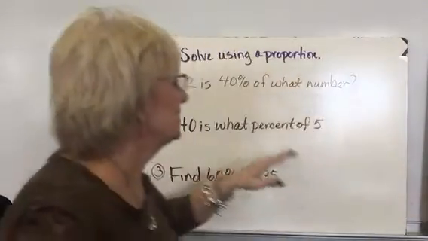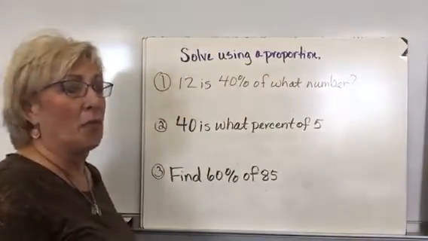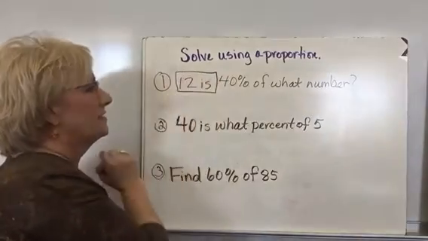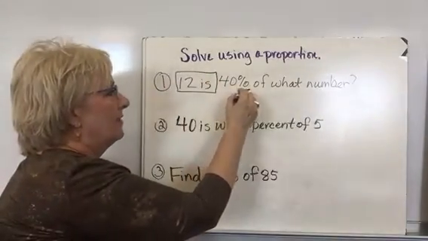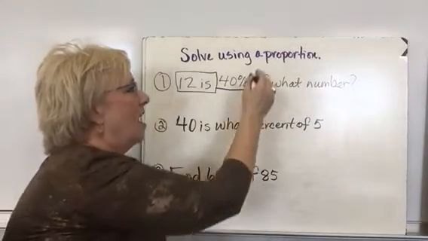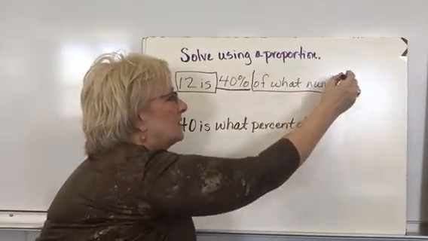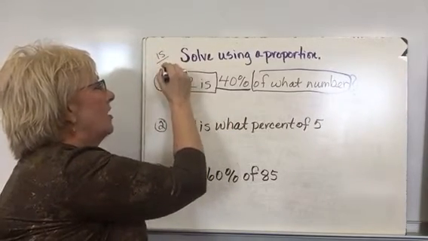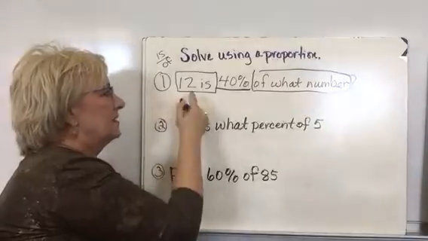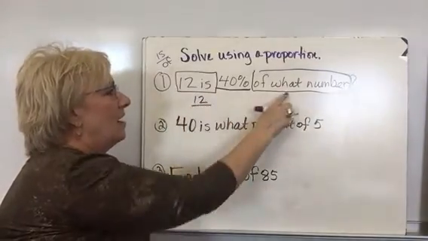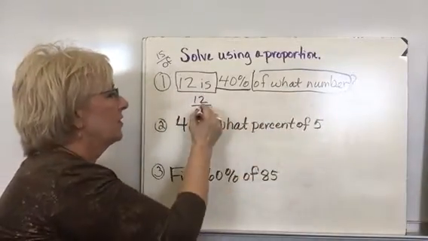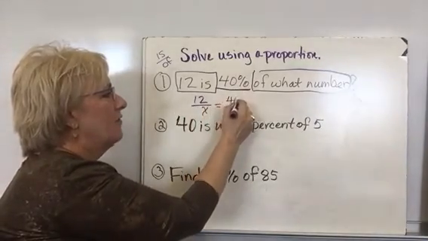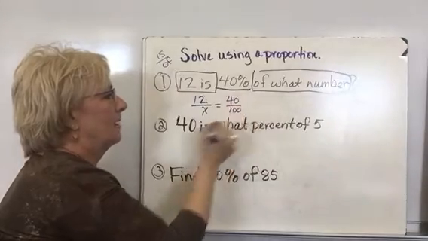All right, we're going to use these problems and solve them by proportions. I've got 12 is, so there's my is number. I've got my percent, of what number? The of number is what is missing. So my is over of, I'm just going to write it up here so you can remember it, my is number is 12. My of number is missing, so I'm going to use an x for that, and my percent is 40 over 100. Okay?